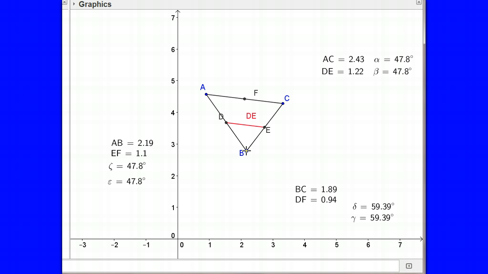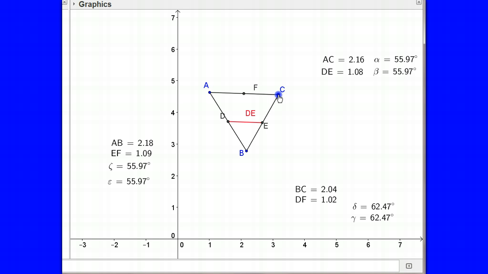Now, what I want you to do is concentrate on the information up here. Those numbers there. Let me move it just so the numbers show up a little bit better. I just want the numbers to be a little bit cleaner. There we go. All right, segment AC is 2.16. Segment DE, our midsegment, is 1.08.